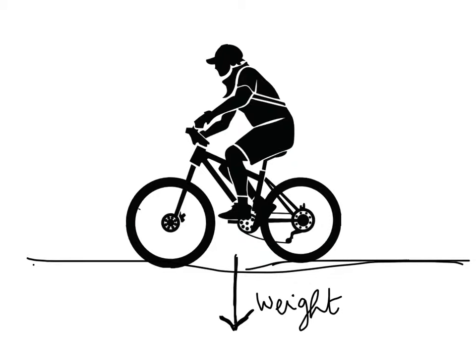So this force acts towards the center of the Earth, and that's the weight. And for the weight or for any other force, we also have one opposing force which is called the reaction force.